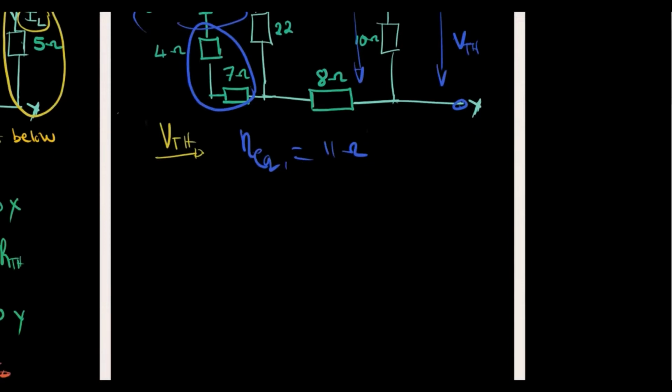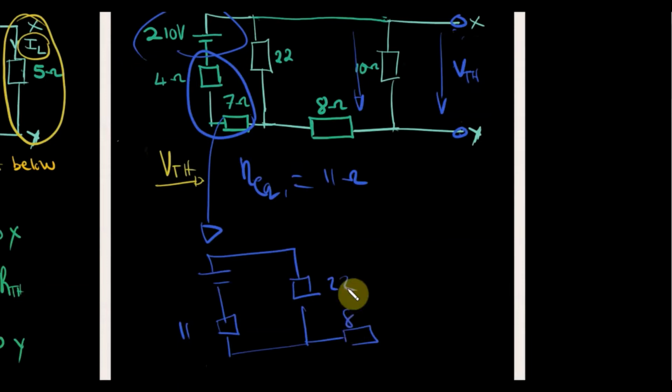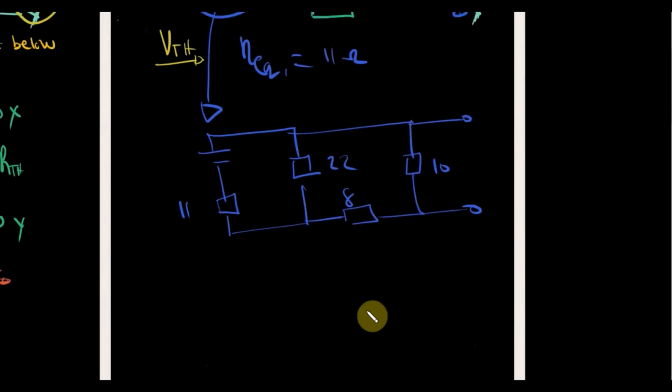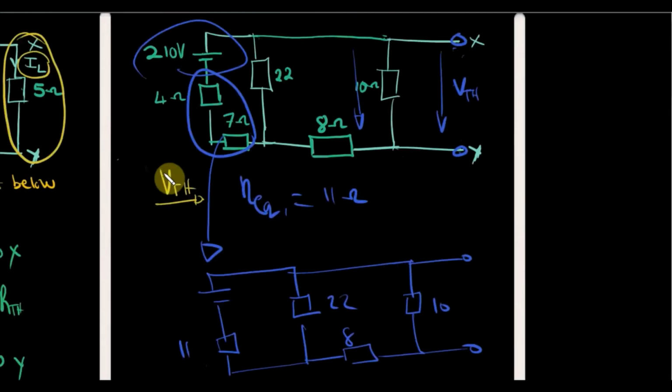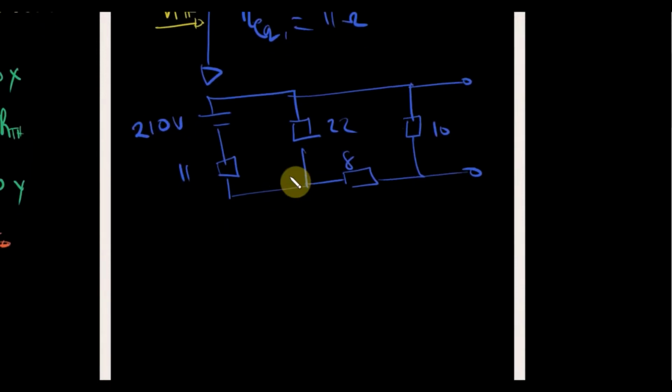Okay, go ahead and combine this and draw the reduced circuit. This is 11, 22, and 10, 210 volts.